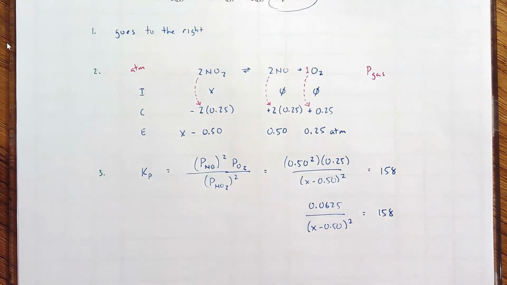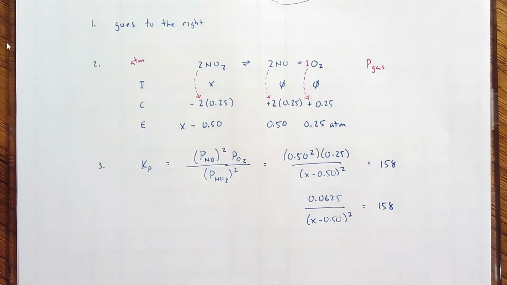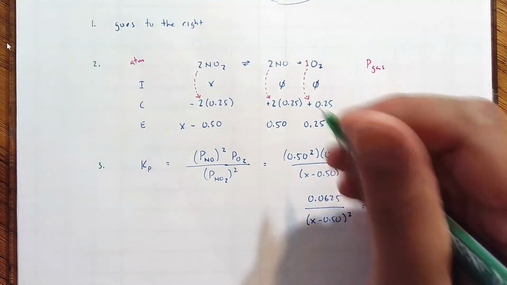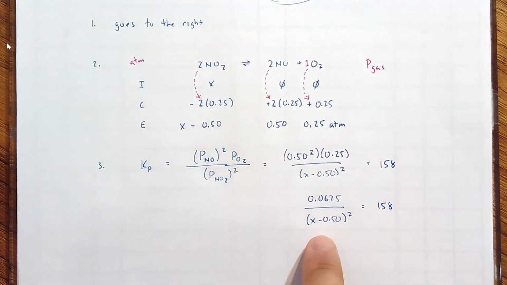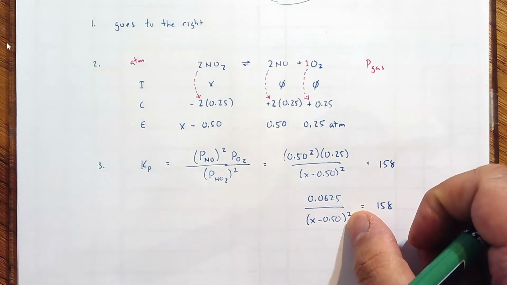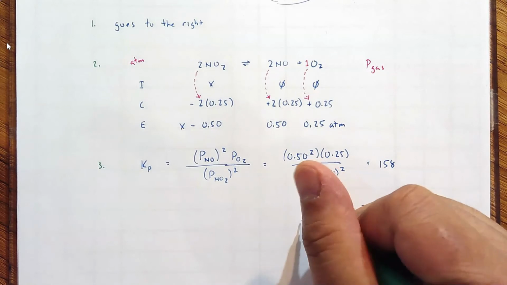In a previous problem, I think it was example 2, we took the square root of all the terms, and that was the proper way to do the algebra. We could do the same thing here. We could take the square root, because we want to get this as x minus 0.5. We don't want this squared. It will just complicate matters.